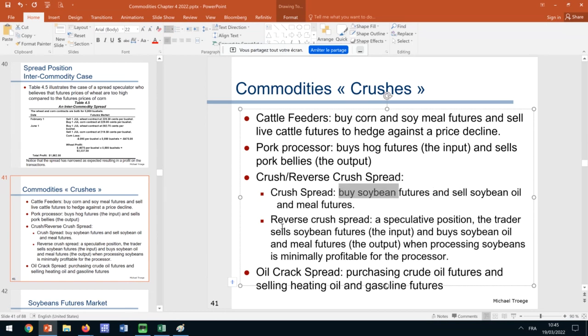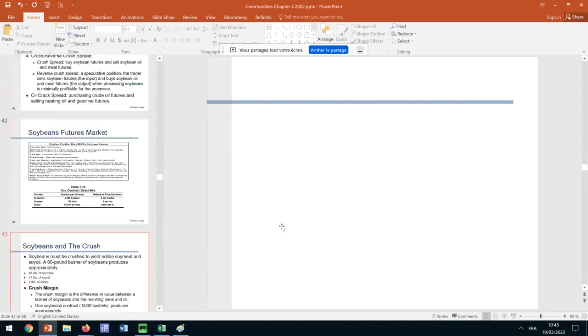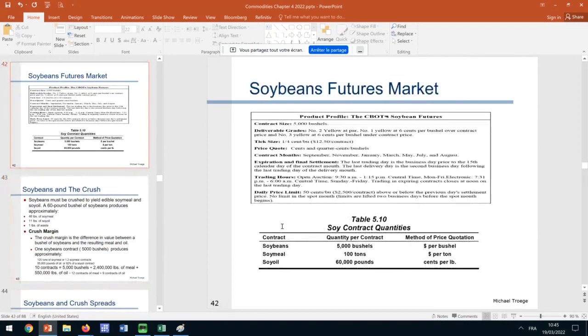Again, these different commodities are all separately traded as futures contracts, and because of these production relationships, there needs to be a price relationship across these different future prices.